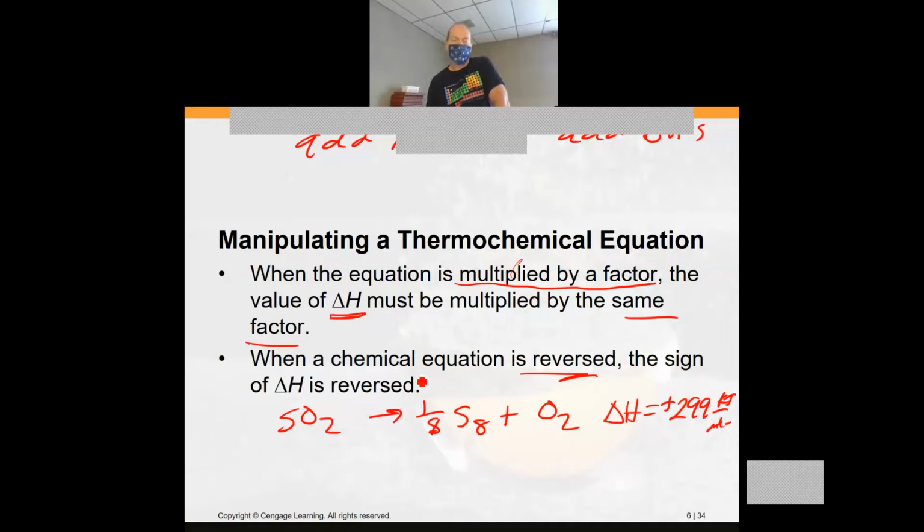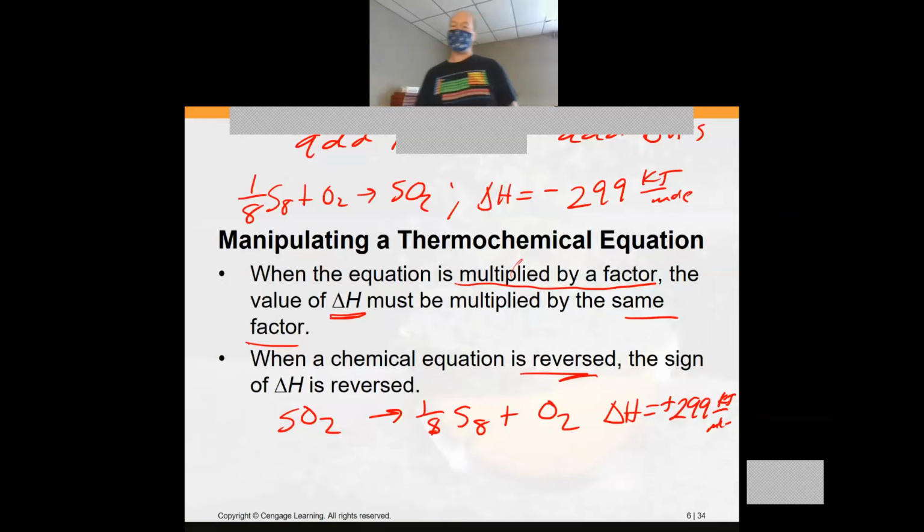Because 1/8 of S8 plus O2 gives SO2, I just did that one, that delta H is negative 299 kilojoules per mole. When I reverse it, reactants become products and products become reactants, and you have reversed the sign.